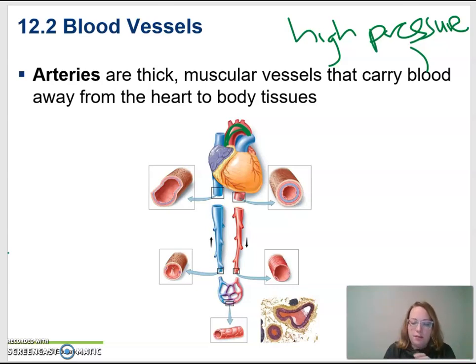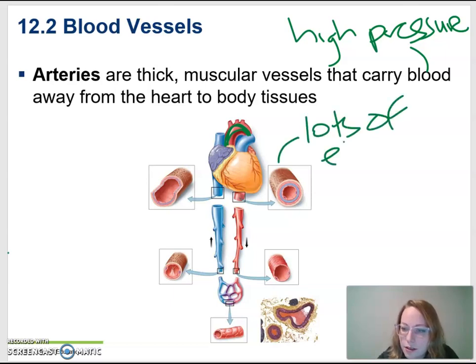So when the heart ventricles contract and push blood out, the aorta stretches, and then when your heart relaxes, it's going to recoil and keep that blood moving forward. So when you feel your pulse, you're feeling the difference between the high pressure when your heart is contracting and the lower pressure when your arteries are pushing. So lots of elastic to stretch.